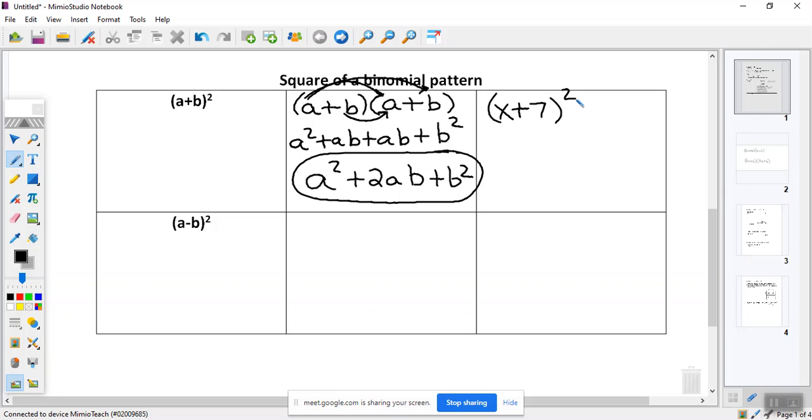So guys, what would this first term be under this example? X squared. Okay, let's think about the next one. Plus 2 times a times b. That'll really become 2 times what? x times 7, right? But guys, think about this. A and b right here would be 7x, wouldn't it, kids? 7x times 2 would be how many x?